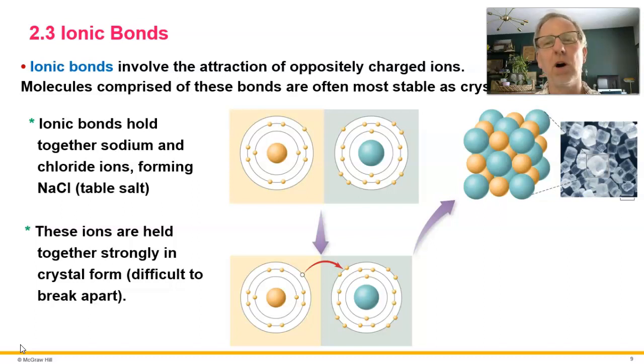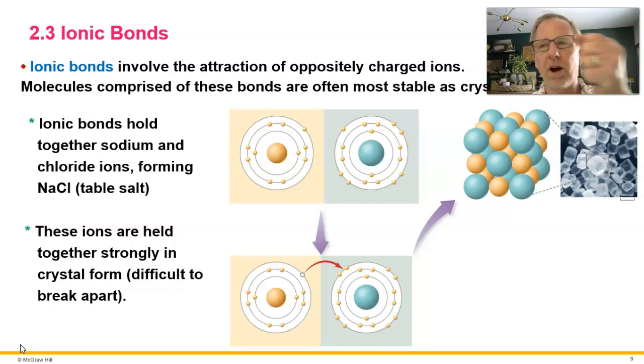And the ionic bond involves the attraction of oppositely charged ions. Remember ions a couple slides ago when we were on the topic of atoms, and I gave you a brief definition? An ion is an atom that has lost or gained electrons, and it becomes either positively or negatively charged.